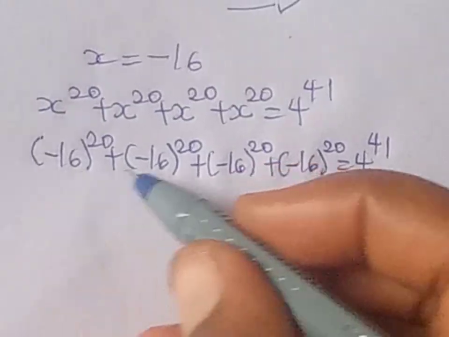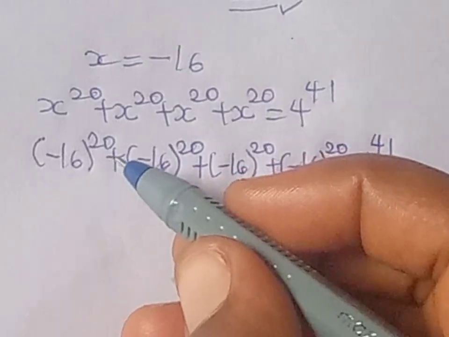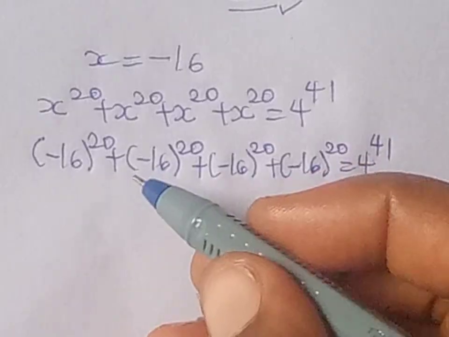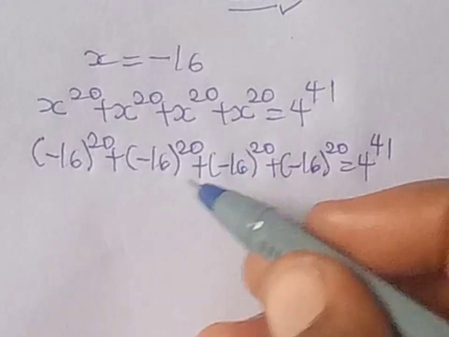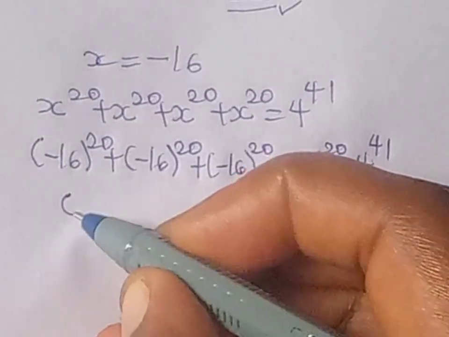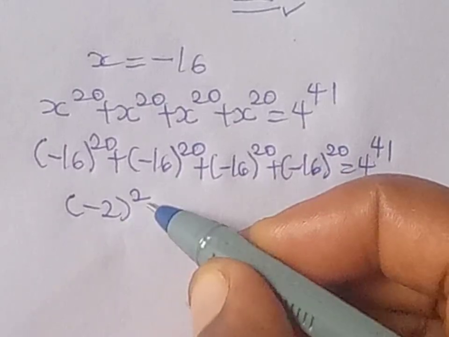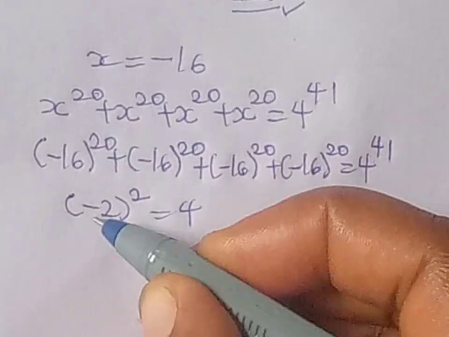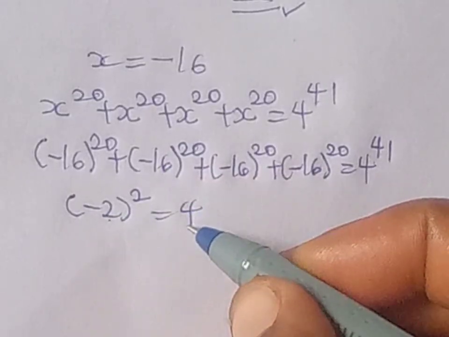The negative signs here will disappear because the exponent is an even number. When a negative number is raised to an even power, the result is positive. For example, if you have minus 2 square, minus 2 square is 4, because minus times minus is plus and 2 times 2 is 4.